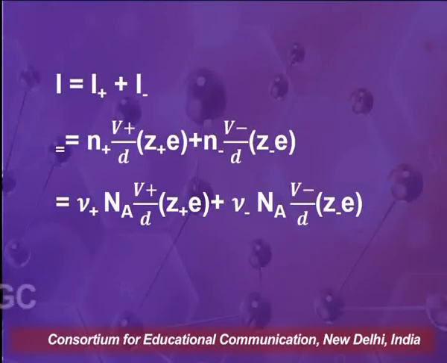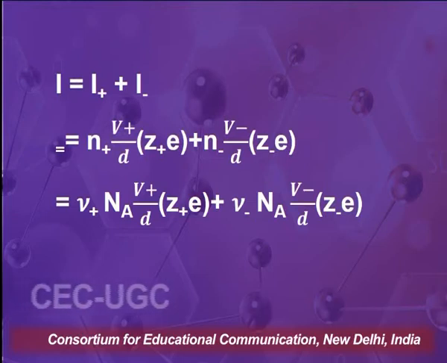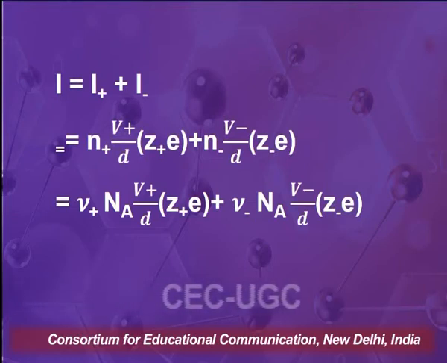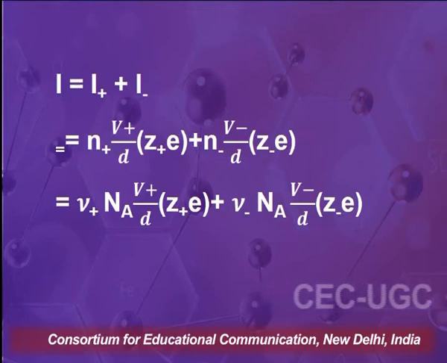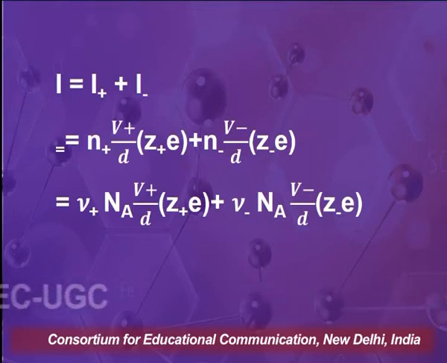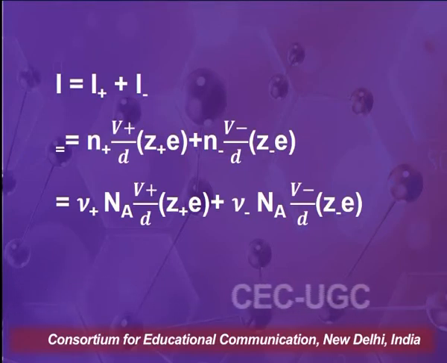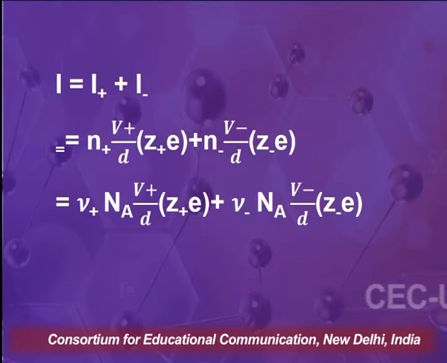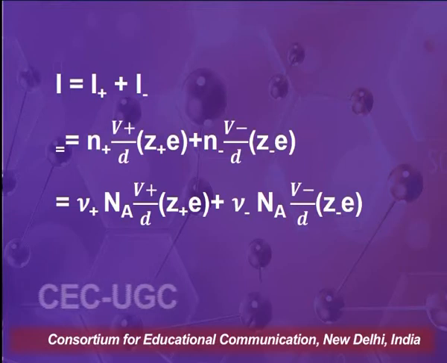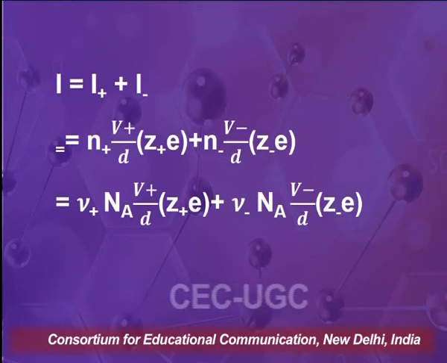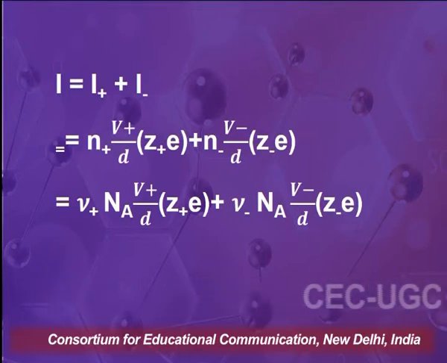I equals I+ plus I-, which is equal to N+ v+ by d z+ e plus N- v- by d z- e. We can replace N+ and N- to get nu+ Na v+ by d into z+ e plus nu- Na v- by d into z- e.